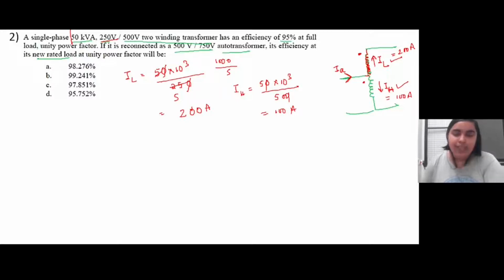So now that we have this, for the auto transformer we can calculate the rated current. For this, the current will be 200 plus 100, that is equal to 300.